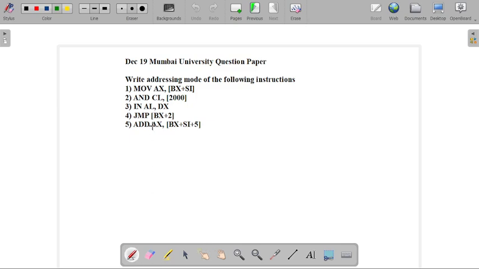Now these questions are asked in the December 19 MU question paper. These 3 questions, the first, second and third one, are repeated, similar to the December 17 question paper. So we have already solved these 3 questions. The answer for the first question is base index addressing mode.